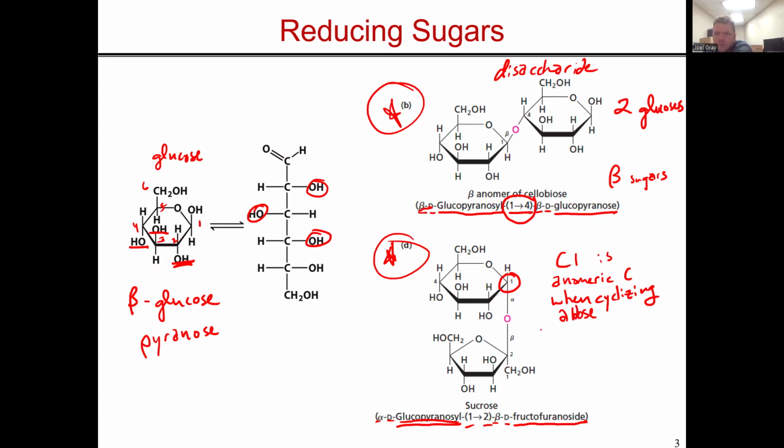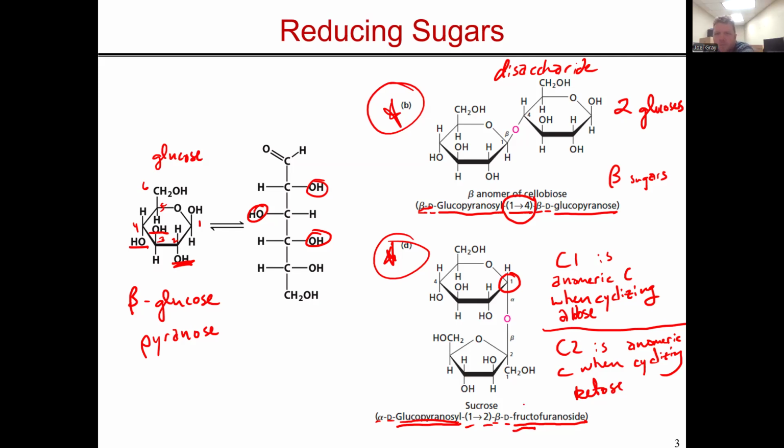But then C2 is the anomeric carbon when cyclizing a ketose, which fructose is a ketose.